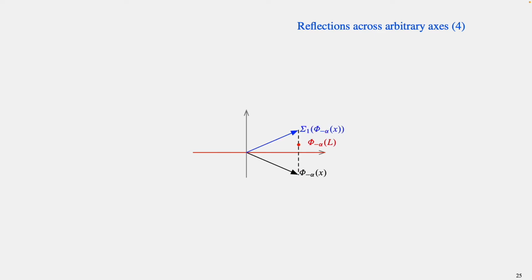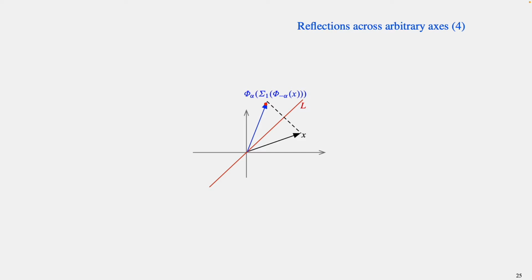Then we reflect across the first coordinate axis. And then we rotate back so that the first coordinate axis is rotated back onto L, and this rotates the reflection of the rotated vector to the actual reflection of x across the axis L.